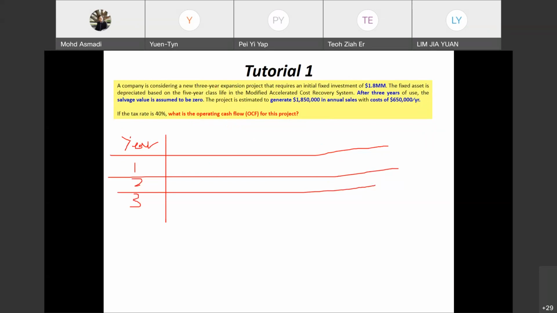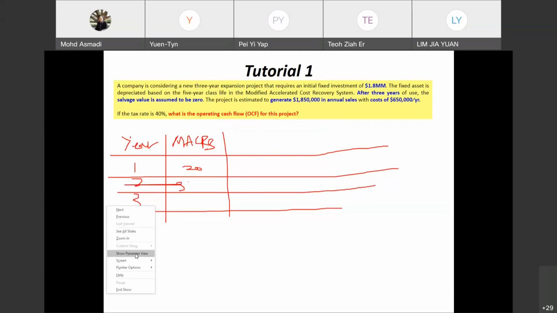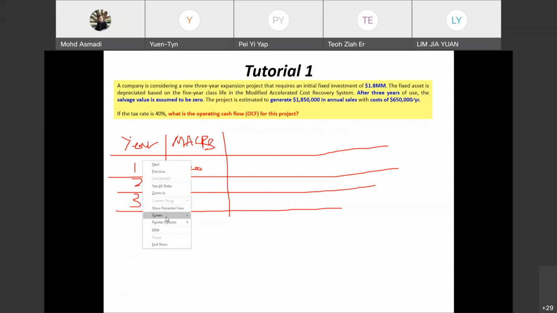Okay. So MACRS, 3 years 20, 32. And then this one 90.2.